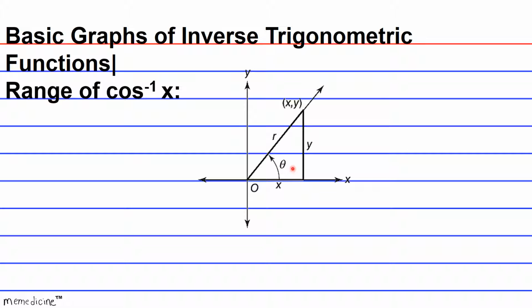Let's say, for example's sake, this reference angle theta here is equivalent to 40 degrees. We also need to note that we resolved our ray into a right triangle because of its x component and its y component, and that's why you see this triangular formation here.